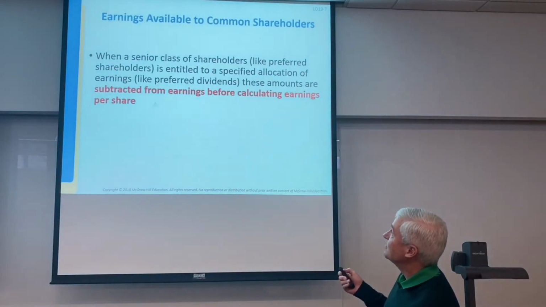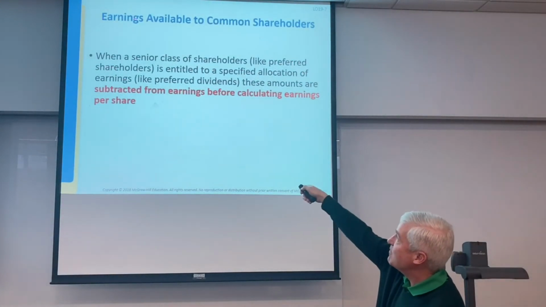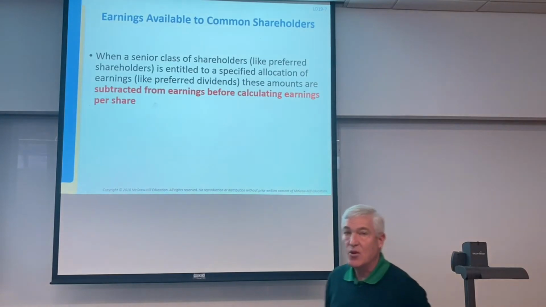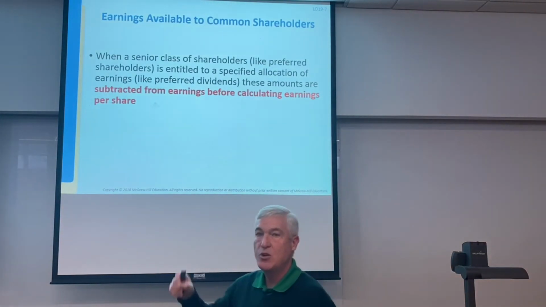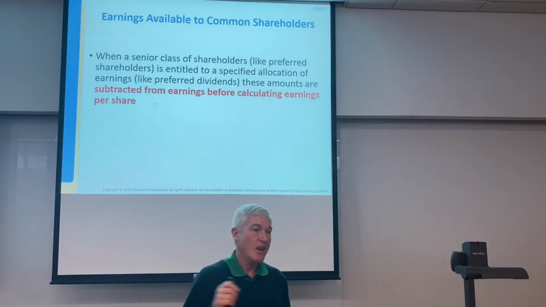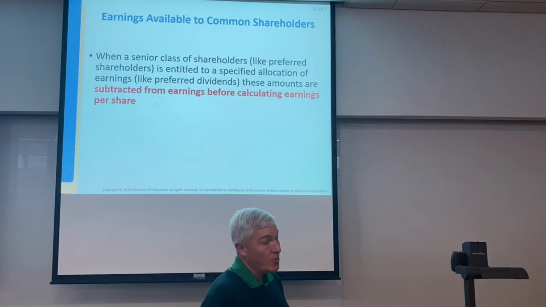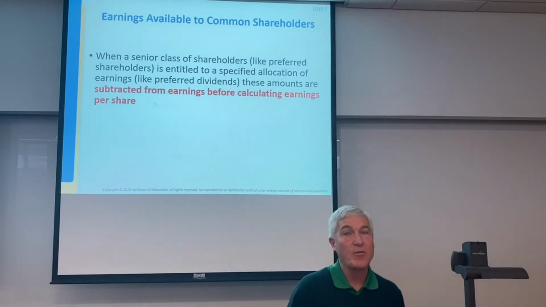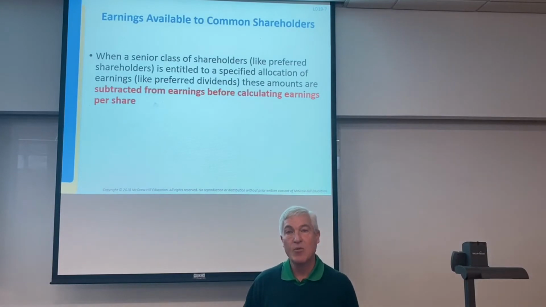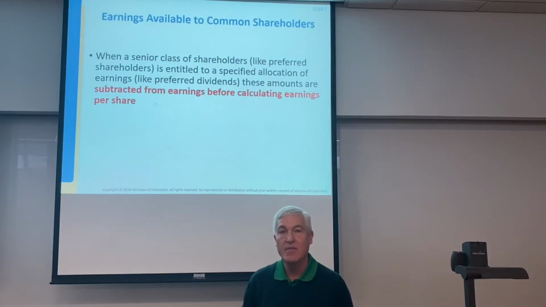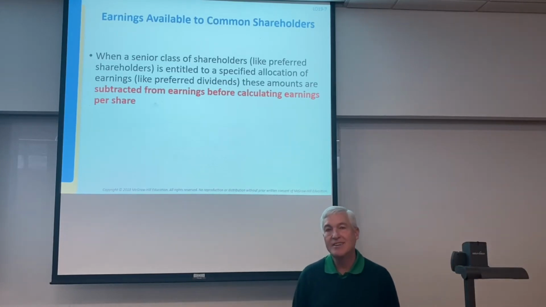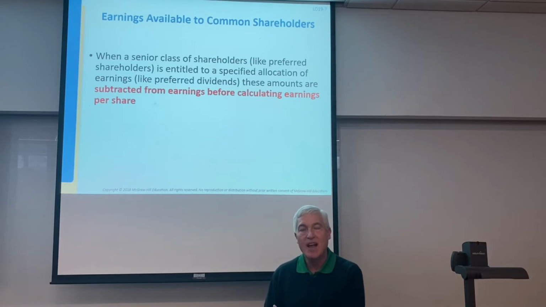And we have one last thing. Hey, keep in mind, earnings per share is earnings available to common stockholders, not preferred stockholders. So we've got to think about preferred stock dividends, because if we're required to pay preferred stock dividends before we can pay dividends to our common stockholders, well, those preferred stock dividends are not earnings that are available to common stockholders.